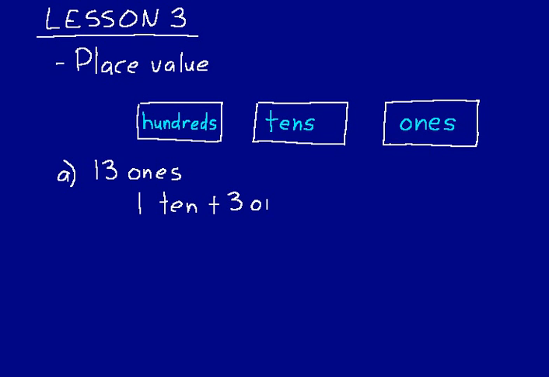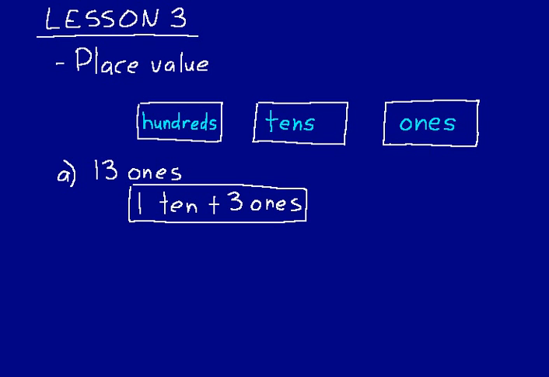What we've done is called writing that value for 13 ones in expanded form. Anytime they give you a dollar amount and ask you to write it in expanded form, they want you to use the least number of bills to represent that number. So instead of 13 $1 bills, now we have one $10 bill and 3 $1 bills for a total of 4 bills instead of 13 bills.